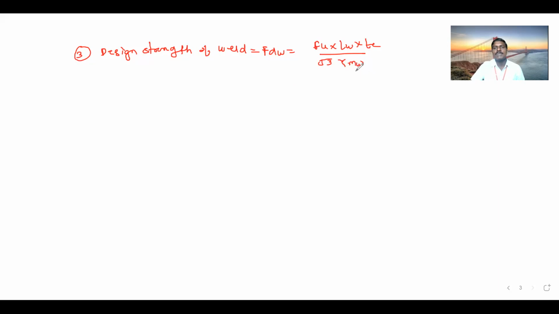Gamma MW is the partial safety factor for the weld. So now FU is 410, LW we have to calculate, T is 2.1, divided by under root of 3, gamma MW is always 1.25. So tell me, FDW is equal to, in terms of LW.